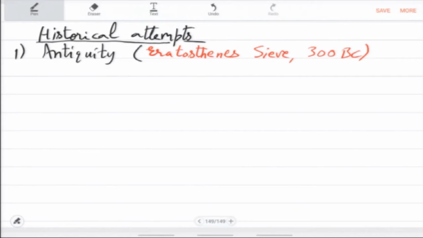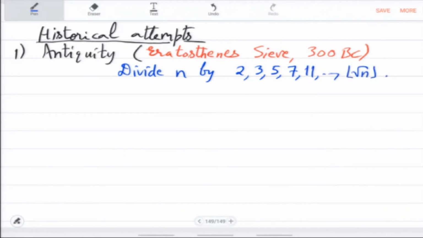So what you do is the algorithm is just divide n by 2, 3, 5, so primes up to square root n. You only need to go up to square root n. Okay, so divide n by the primes appearing before square root n, and if it is not divisible by any of these, then it means that n is a prime number. That's the algorithm.